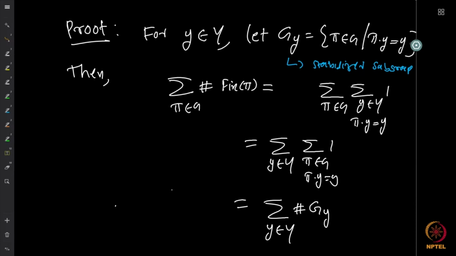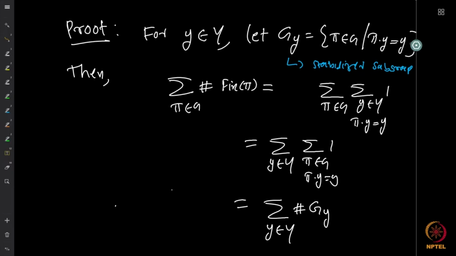Now what is this? This is a sum over all permutations, and a sum over all the elements in Y, where we count the elements y such that π·y is equal to y. That is precisely the cardinality of Fix(π), the elements which are fixed by π.